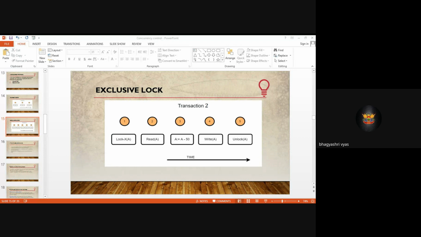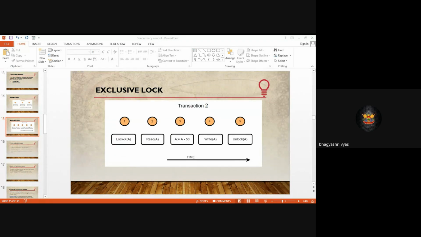In exclusive lock, the data item can be both read as well as written by the transaction. So this lock is exclusive. In this lock, multiple transactions do not modify the data at the same time. It means what? We can solve the unrepeatable read problem by putting the exclusive lock.